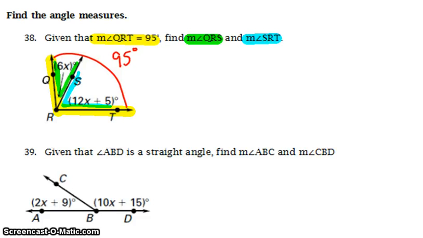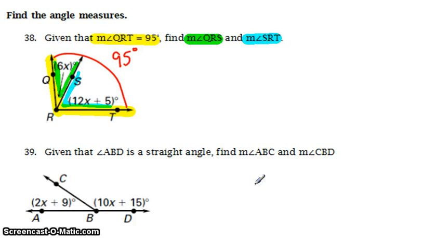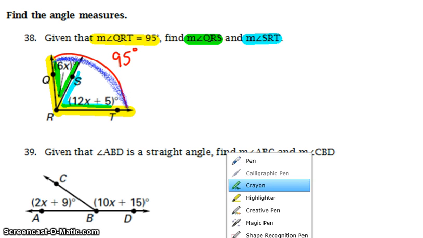So I do not know what this is off the top of my head, but I do know that when I add QRS plus SRT, I should get the whole thing. Remember the angle addition postulate.